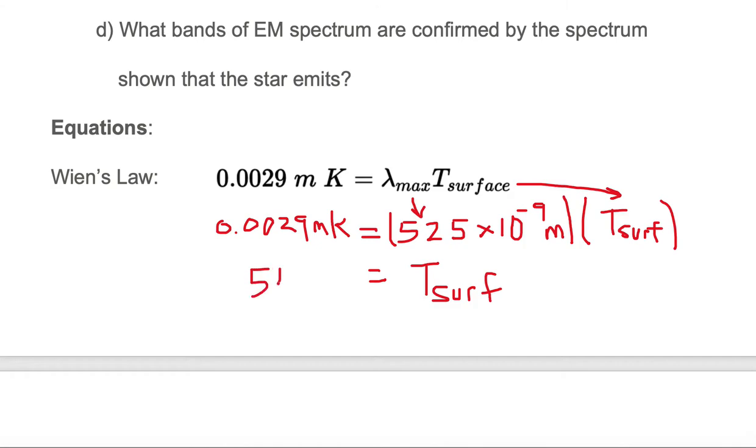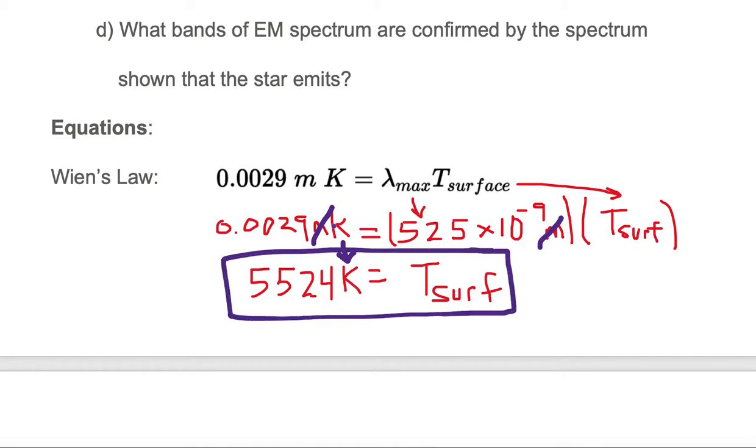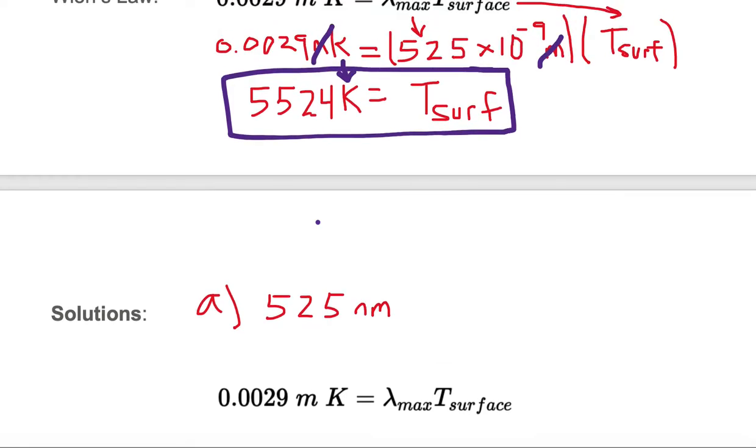So the surface temperature of this star is around 5,524 Kelvin. We know the units are Kelvin because meter drops off on both sides of the equation, and we're only left with the units of Kelvin on the right-hand side. So the answer to part B is 5524 Kelvin for the surface temperature. I'll label this answer B right here.